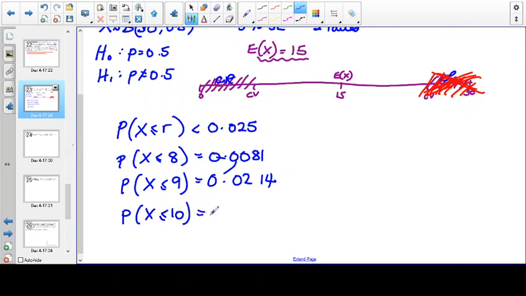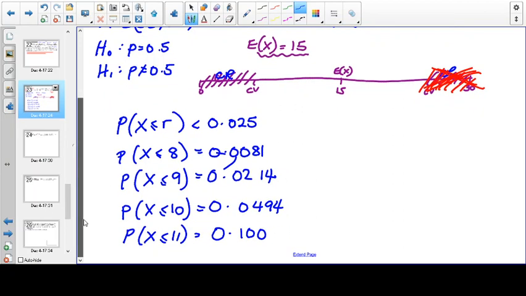See what happens if I put 10 in. That is 0.0494. Now I'm just going to put 11 in. That is 0.100. Okay, so this one, didn't really need to do that one, did I?